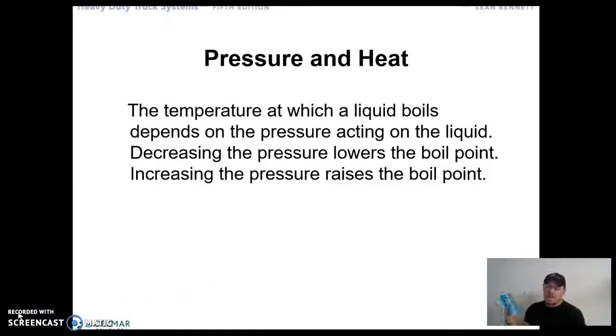And if we look at our can of ether, inside we have a high pressure holding our starting fluid itself as a liquid. But as soon as we release it to atmospheric pressure, it boils off, it becomes a vapor. So pressure, in this case, increased the boiling point so that it's not becoming a vapor until it's released to atmosphere.